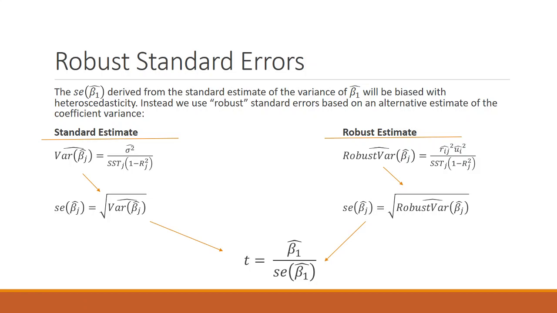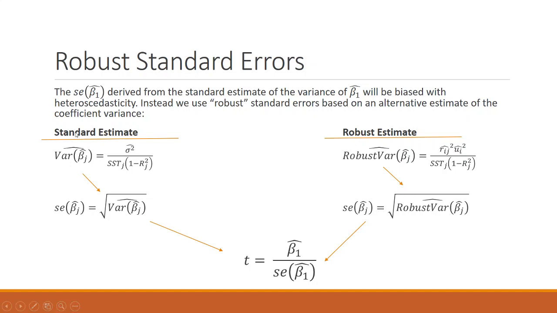That means this will be an unbiased estimate of the variance, even if there's heteroskedasticity. Okay? And so what we will do is we will report or calculate robust standard errors, instead of the conventional standard errors.